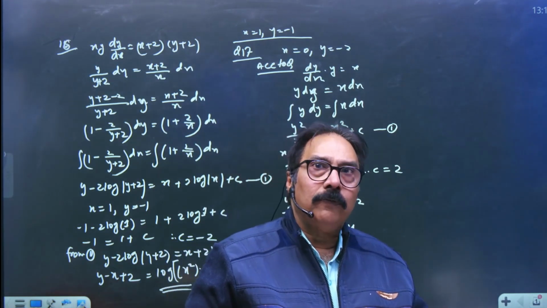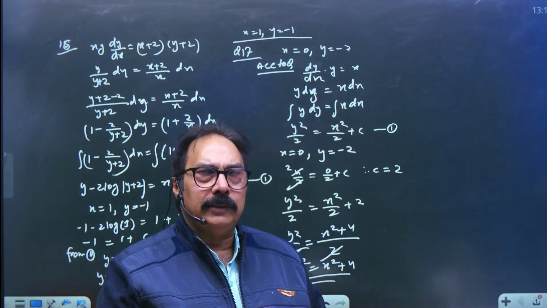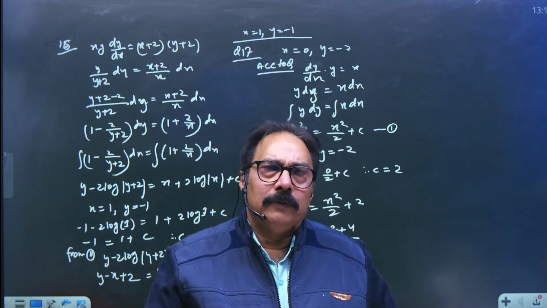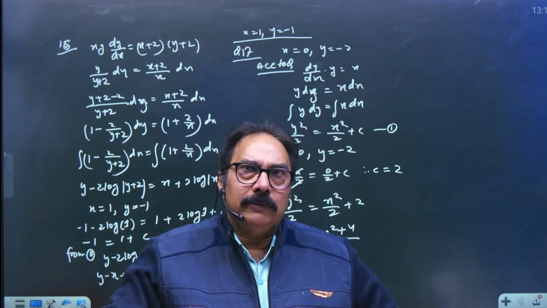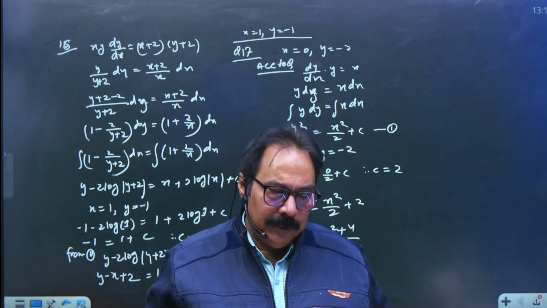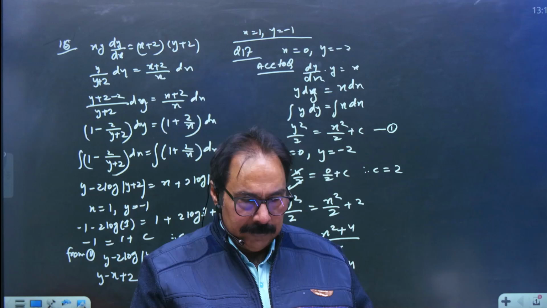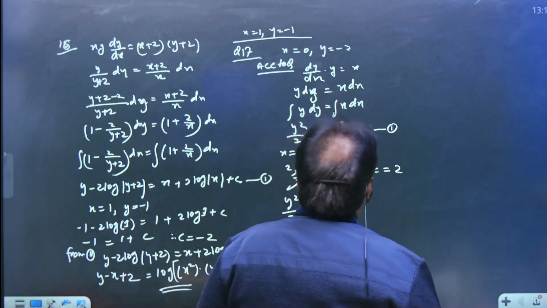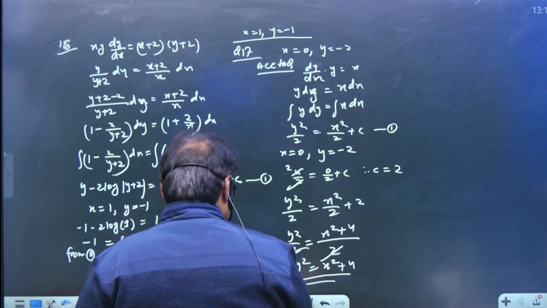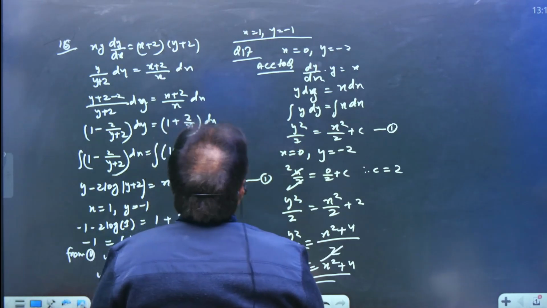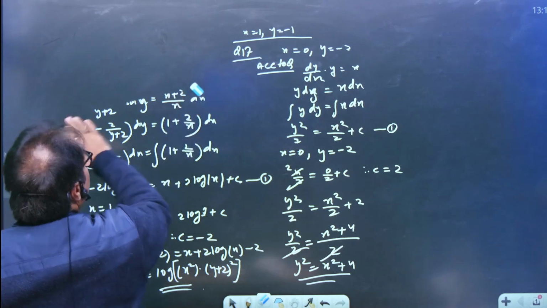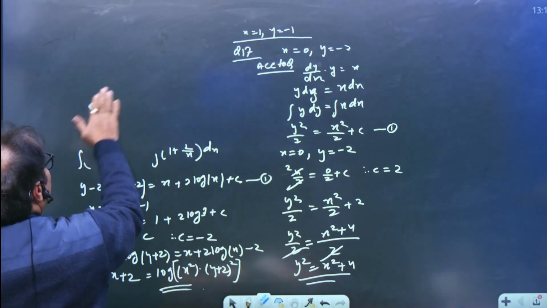So the slope of the line joining two points, in the 11th class you have read that the slope of the line joining two points is equal to y2 minus y1 upon x2 minus x1. This formula we will apply in this question. Okay, so question number 18. So let me erase question number 16 and 17. Then we will proceed.